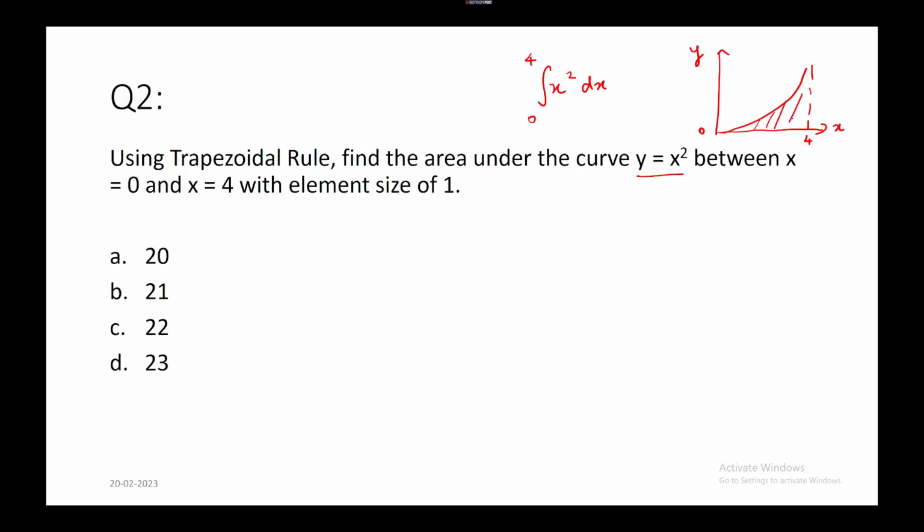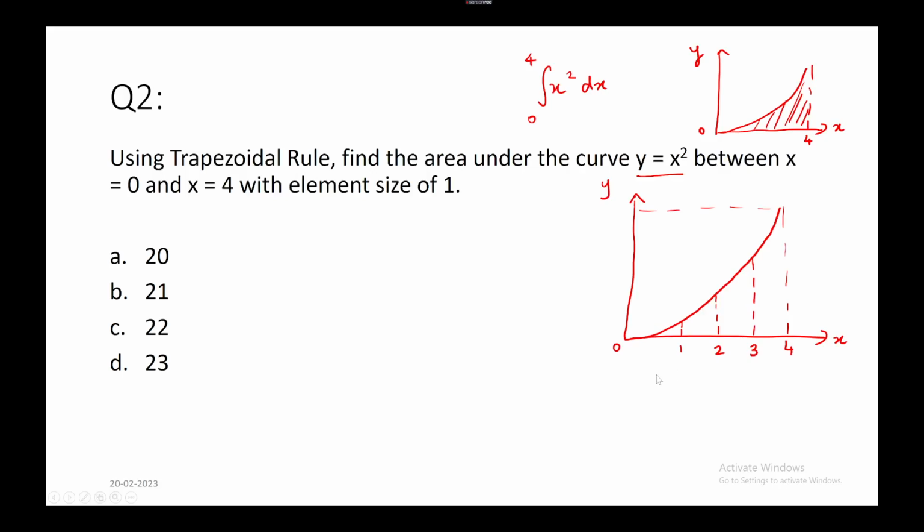So we have to calculate the area under the curve using the trapezoidal rule, and with the element size of 1, which means I am going to split the domain into 4. So it's like this. So 0, the endpoint is 4. So you have 1, you have 2, you have 3.